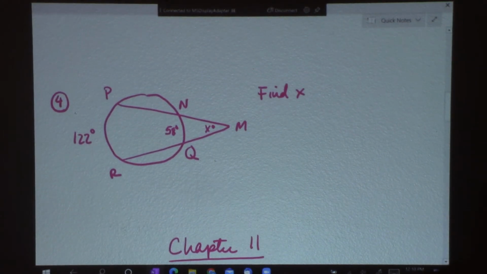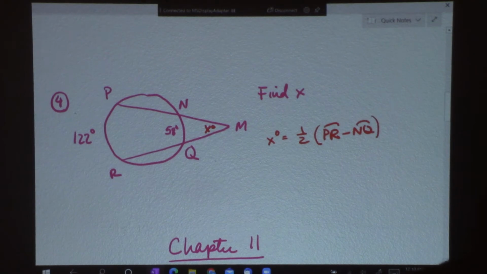Number 4, and this is one of those problems that has the special equation and a formula for it, and I want to find this angle measure here. So the measure of angle X equals half of the subtraction of PR minus NQ.